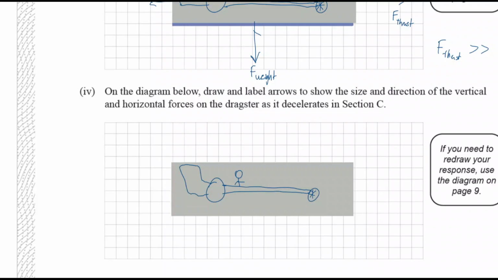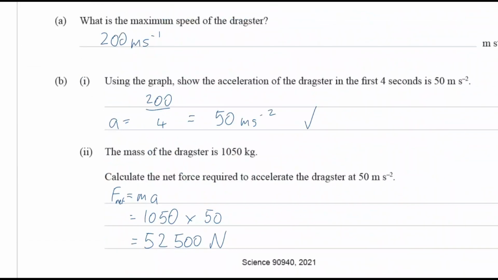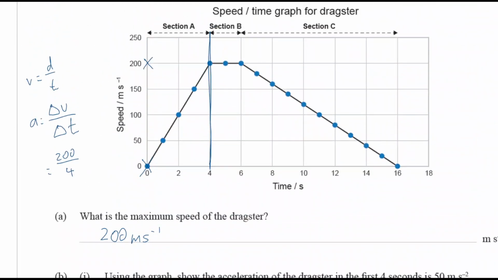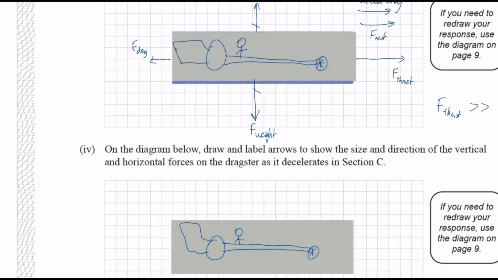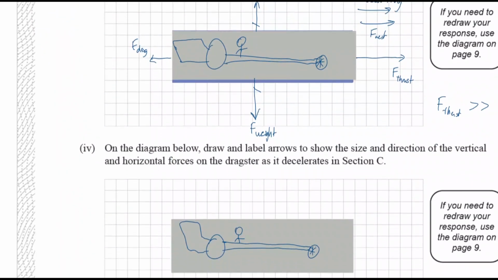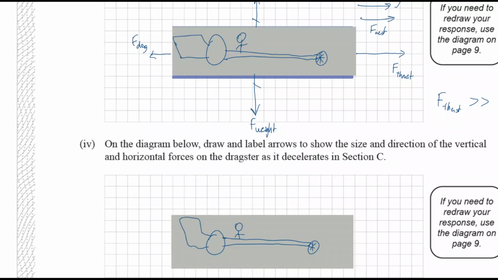Next question. All right, what about in section C? So it's decelerating. Okay, so let's remind ourselves, what does that look like? So we just did section A. Section C, decelerating. So it'll look similar, except the net force will now be to the left, right?